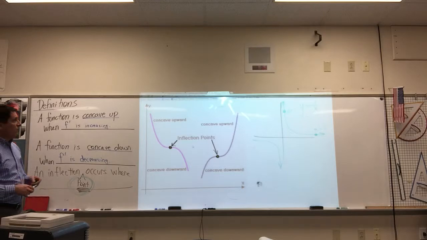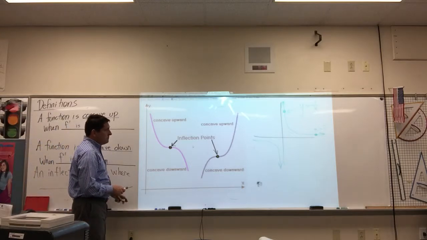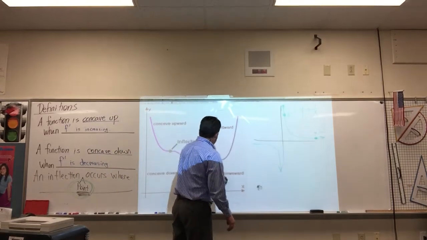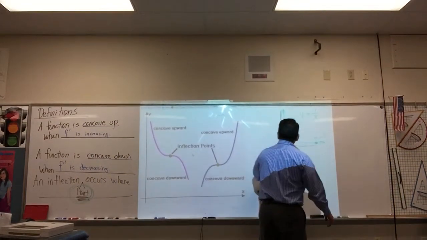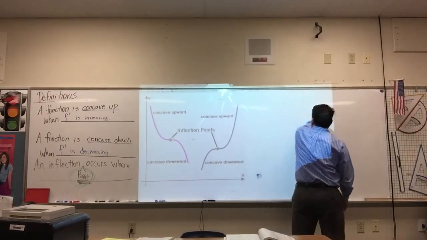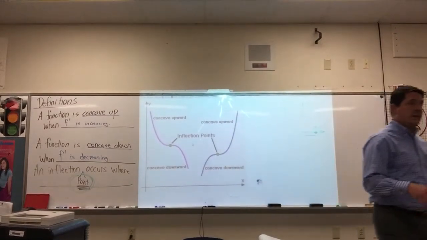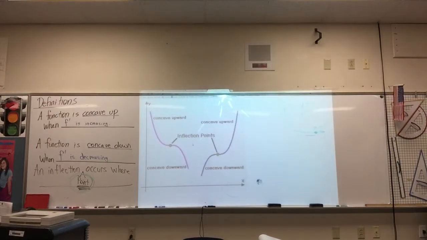All right. So, the question is, how can we tell where the inflection points are and the concavity is? If we were just, say, given the function and we didn't even know what it looked like. It was just some wacky function.